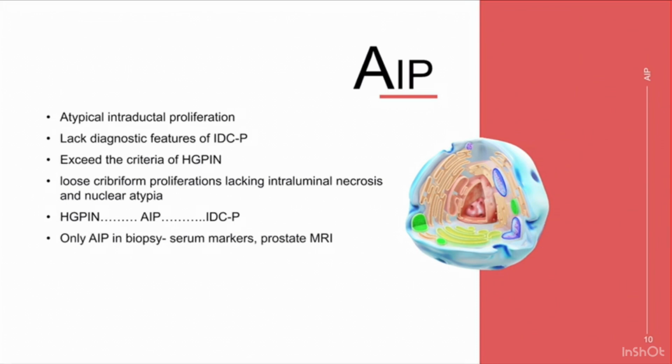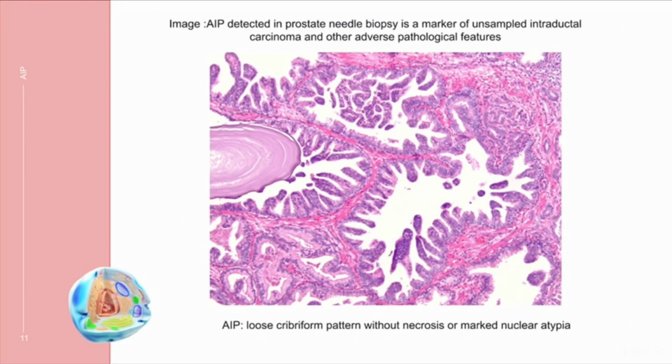If we get AIP in a biopsy, you must rule out prostate carcinoma by doing prostate MRI and serum markers, and you have to advise an immediate repeat biopsy to rule out unsampled invasive carcinoma. In the picture you can see a loose cribriform micropapillary pattern, and there is no marked nuclear atypia and no intraluminal necrosis.